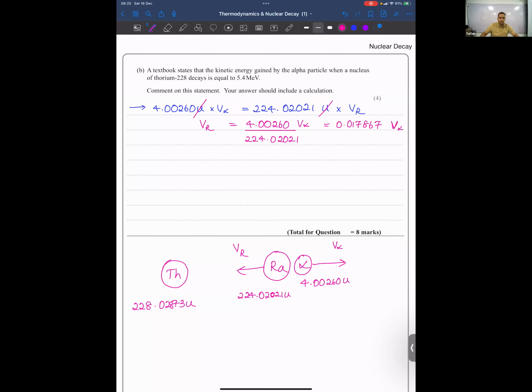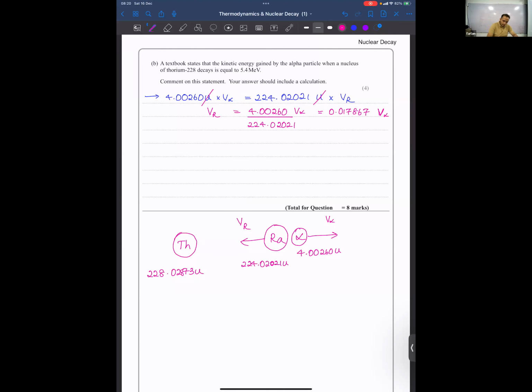Now look at this. What we found in the previous part, the energy released, 5.5278, is the total energy released. That is the kinetic energy of the alpha particle plus the radium nucleus.